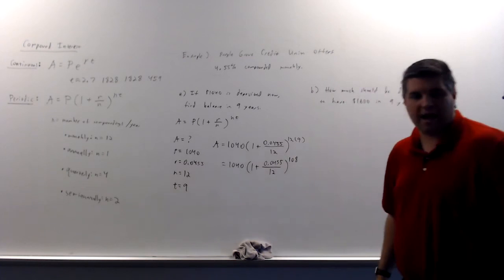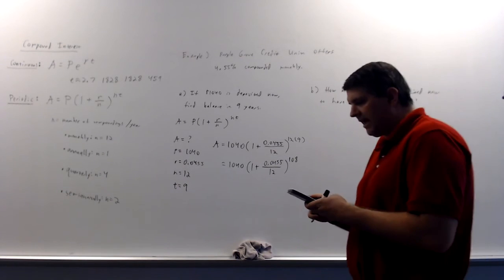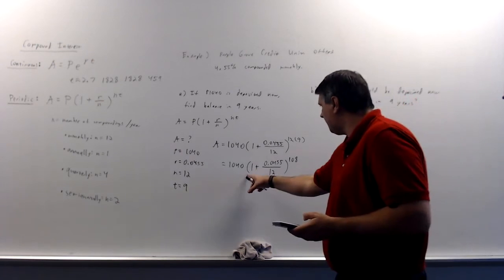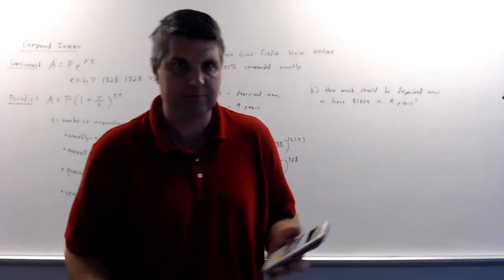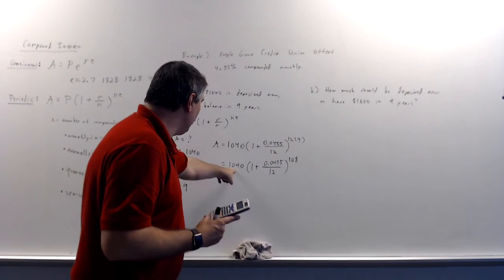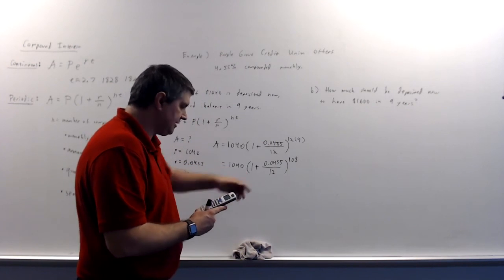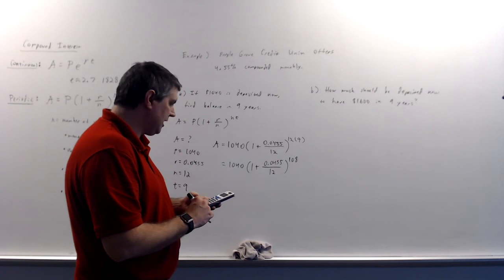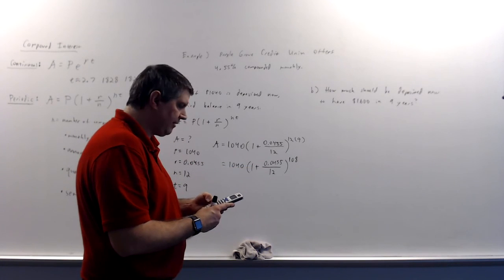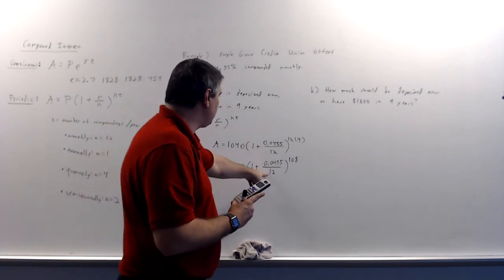Now on most calculators, this isn't going to be a problem. You just type in the 1,040 times, open a parenthesis, 1 plus 0.0455 divided by 12.